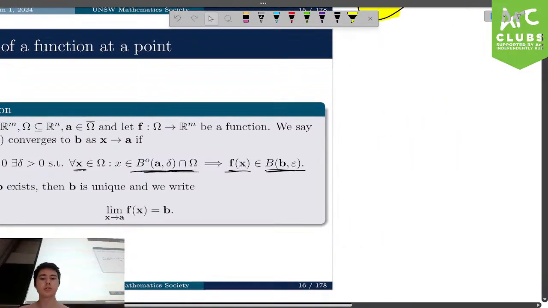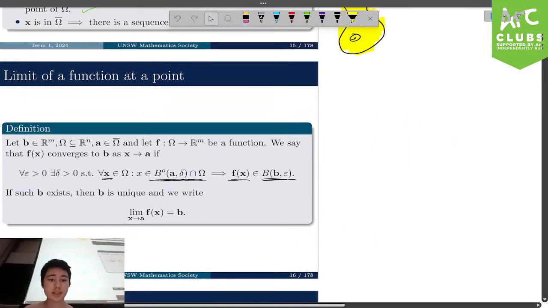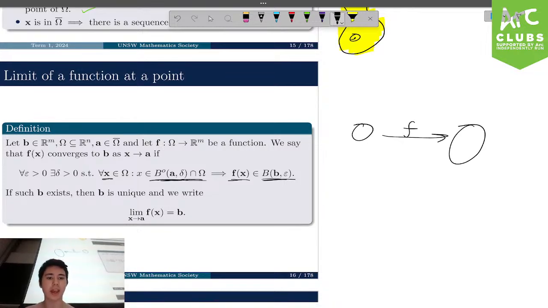So what's that implying? Let's take this circle and push it to this circle using f. If you push a set through a function, it becomes a kind of mapping. That's a way of thinking about it.